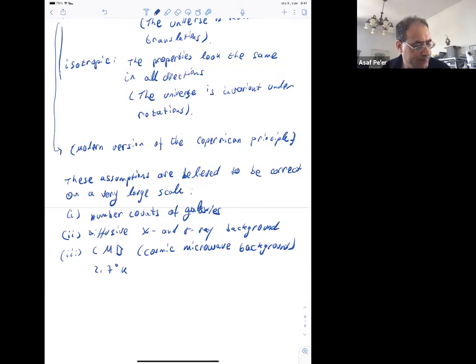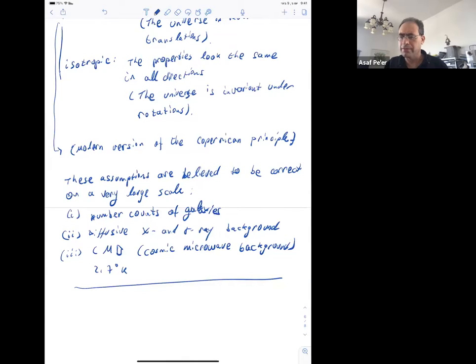Now, just a formality. When we say homogeneity, we mean that between any two points P and Q on the manifold, there is an isometry. We talked about isometry in this course, right?